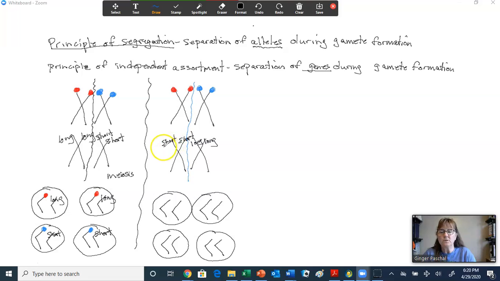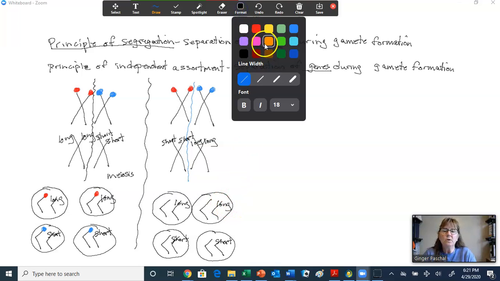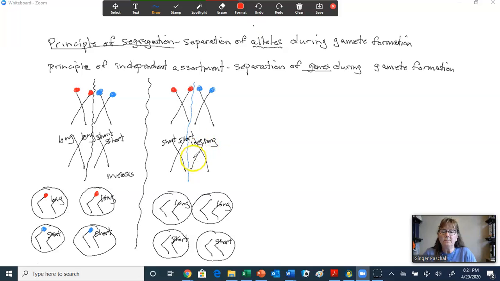We'll have 2 of them that say short. 2 of them will say long. And 2 of them will be red.